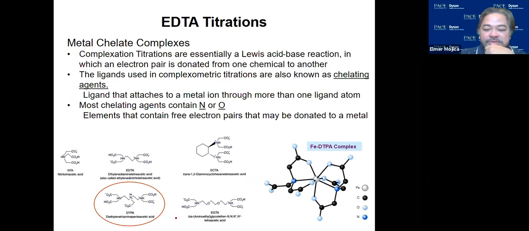The materials that we use for complexation titration are usually called chelating agents. EDTA is just one of them.